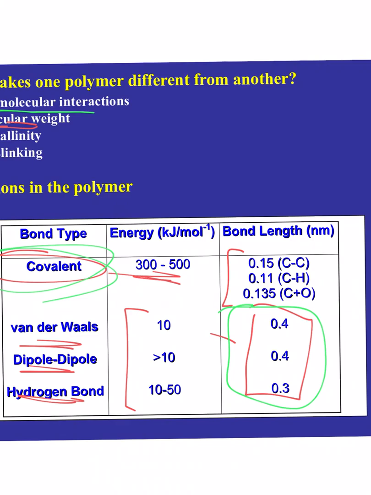And then, of course, crystallinity should be something that everyone's very familiar with at this point, and you should have a good understanding of how that controls the physical aspects of these polymers. And then certainly cross-linking as well.